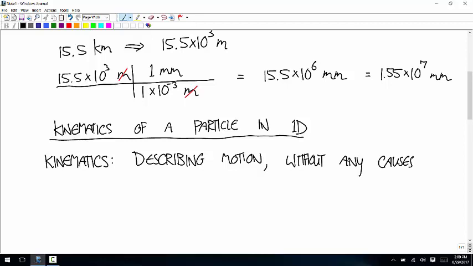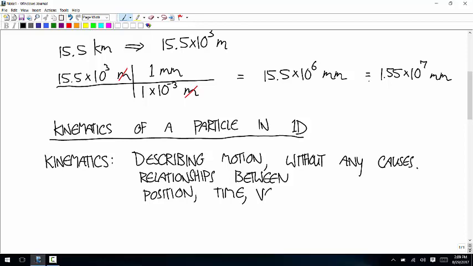You don't deal with forces applied to objects. You're just talking about relationships between position, time, velocity, and acceleration. And today we're going to start getting into defining those.